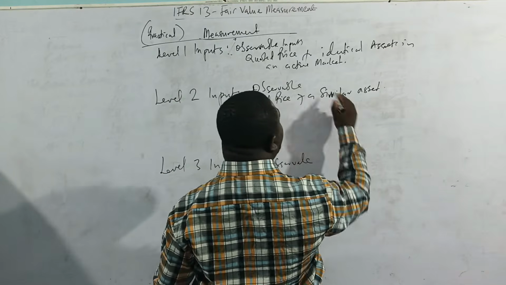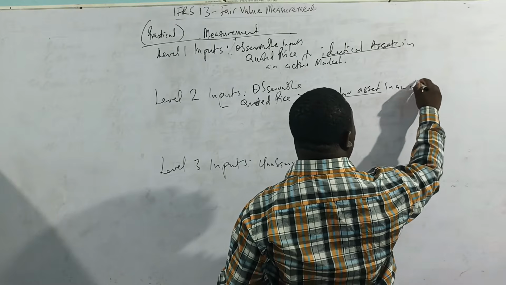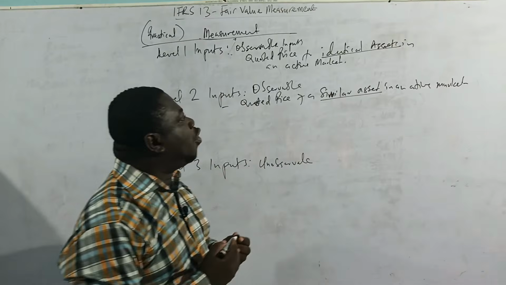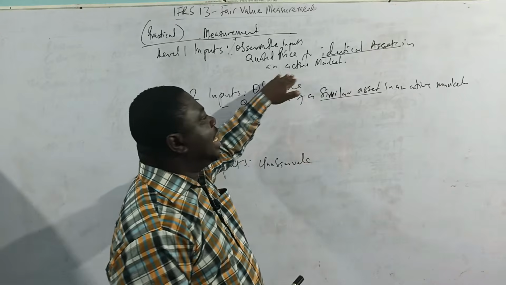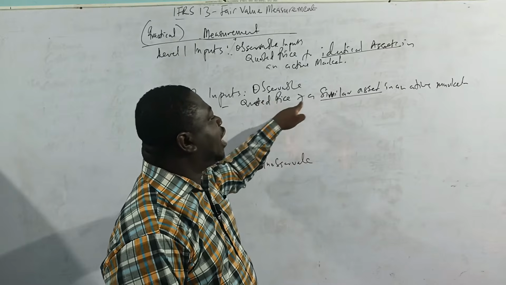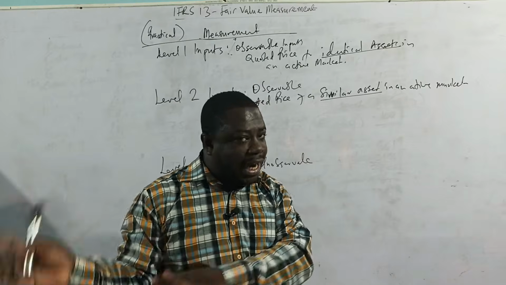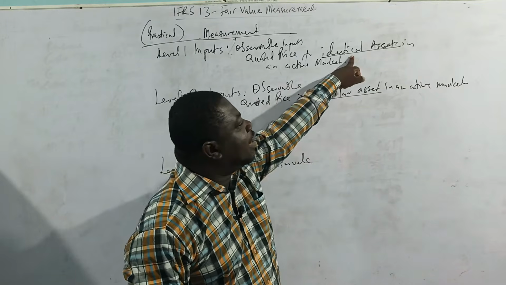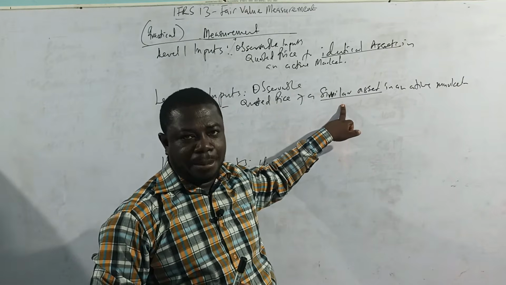So there is a difference between identical asset and similar asset, both in an active market. So when it comes to level 1, it should be the quoted price that is unadjusted of an identical asset in an active market. When it comes to level 2, it's also observable quoted price of a similar asset also in an active market. We are not yet in an inactive market. We are still in an active market. However, the only thing that is changing here is that level 1 has to be an identical asset. Level 2 has to be a similar asset. They are not the same.